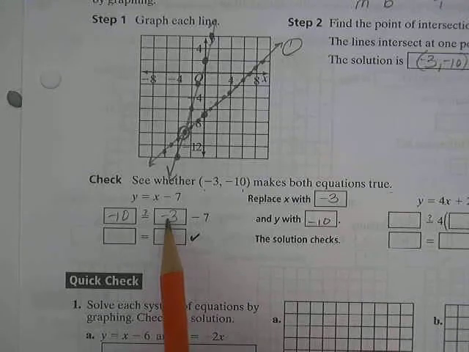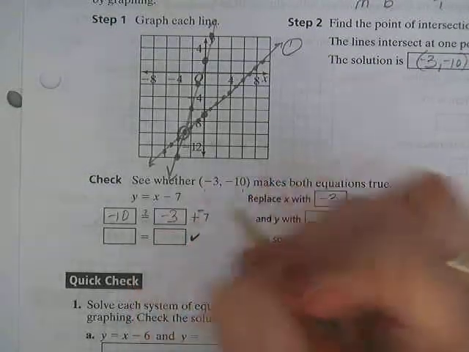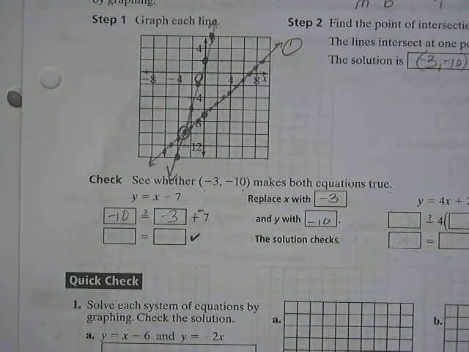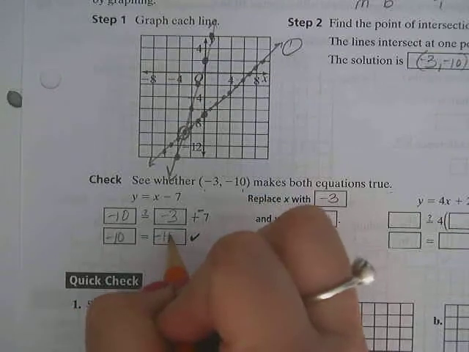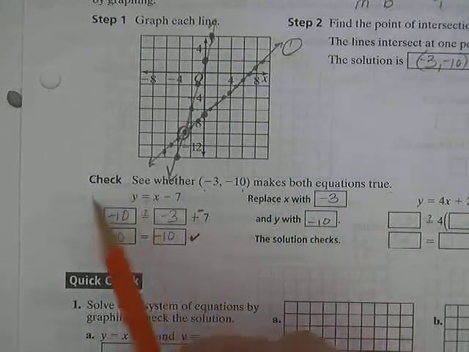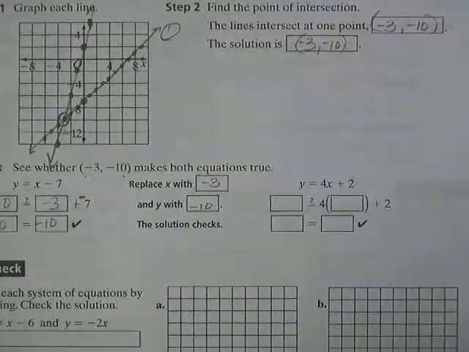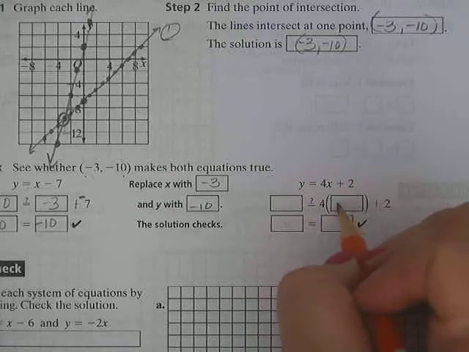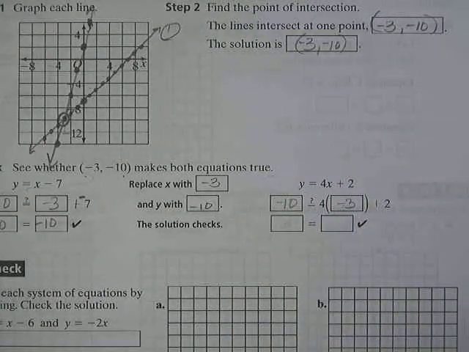Over here, we're going to replace y with -10, the x with the -3. -3 minus 7. Now here we want to add the opposite, so that's going to be a -7. -3 plus -7. And does -10 equal -10? Yep. Sure does. Check. So we know this equation works.